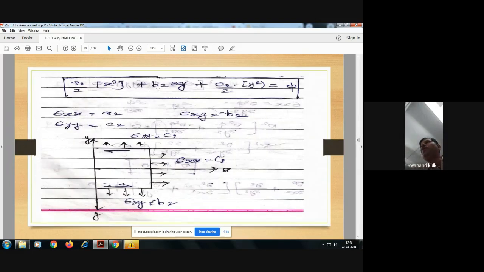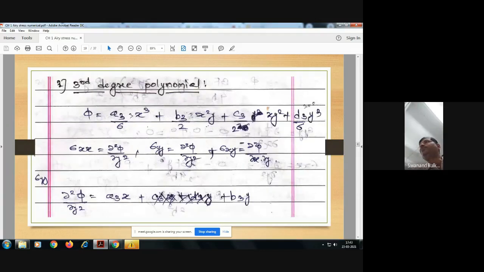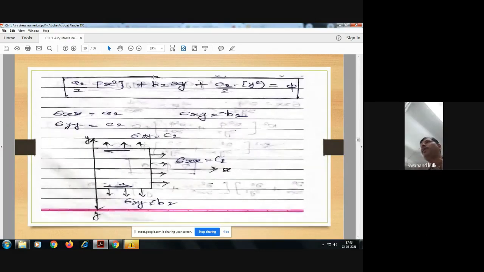Similarly, for this middle part b2xy, now after taking its integration, we know that there is one multiplication rule of integration: first function as it is, integration of second, minus integration of the derivative of first and integration of second. So that rule we are applying here.